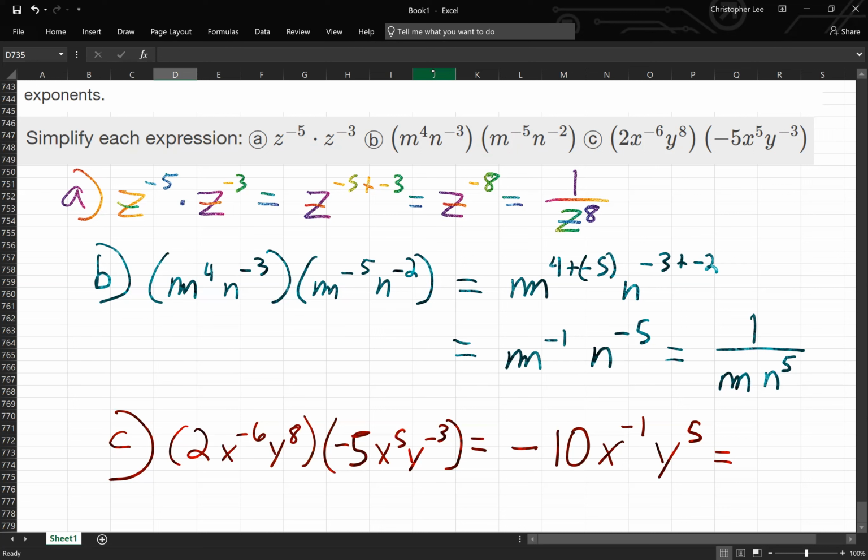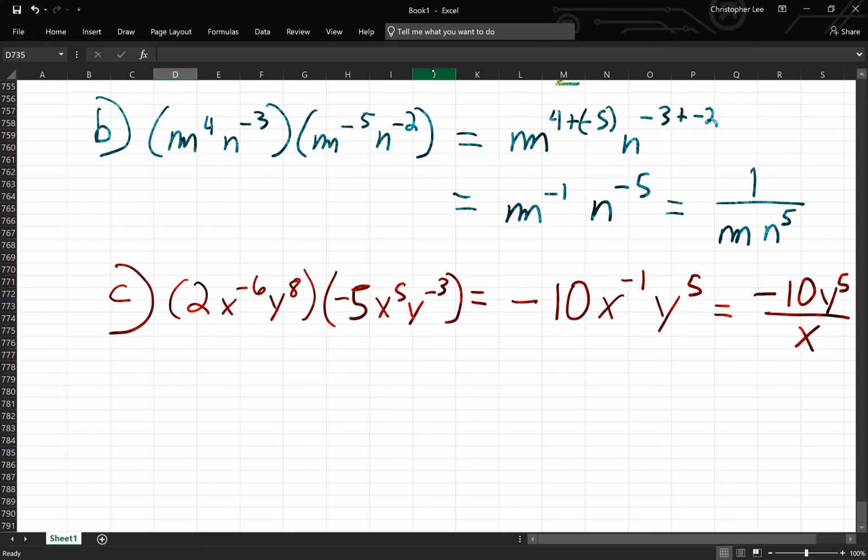Okay, I'll take that. What I was looking for was negative 10 y to the fifth over x, because x becomes 1 over x. I was skipping a lot of steps in that question. Are there any questions?